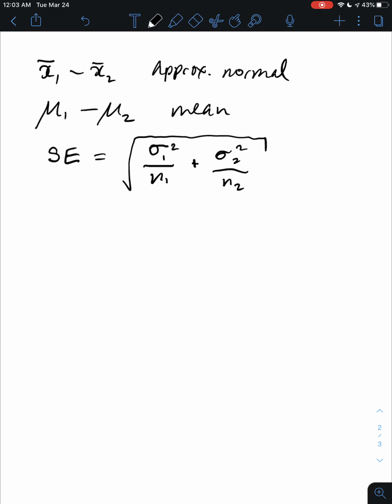So that is what the application of the central limit theorem to this situation tells us: the quantity x1 bar minus x2 bar, the difference between the two sample means, is approximately normally distributed with mean mu1 minus mu2 and standard deviation, called standard error, being equal to this rather more complicated expression.